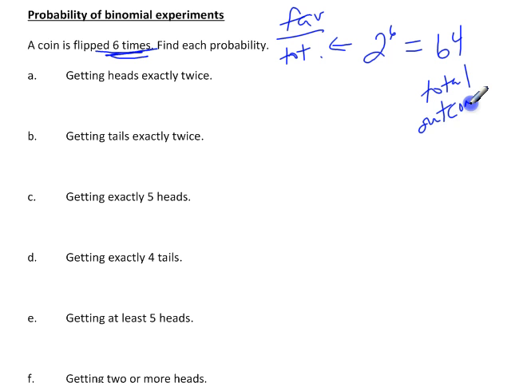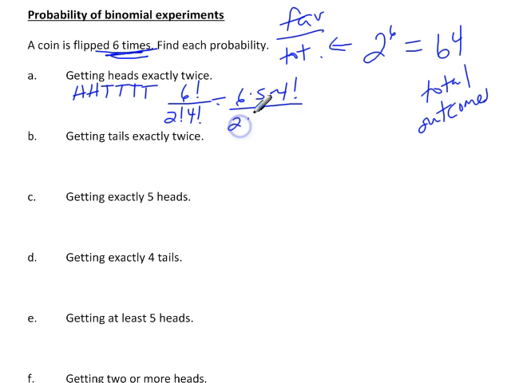So we know we're going to use that for our probability. And then we need to figure out how many ways each one of these things can happen also. First we want to know how many ways there are to get heads exactly twice. That means we'd have heads, heads, and then 4 tails. So that's 6 factorial over 2 factorial times 4 factorial. 6 times 5 times 4 factorial over 2 times 1 times 4 factorial.